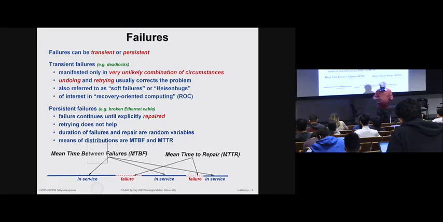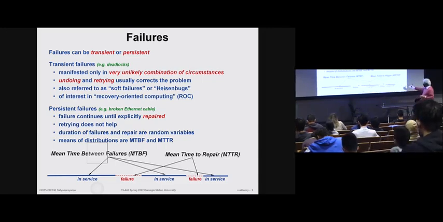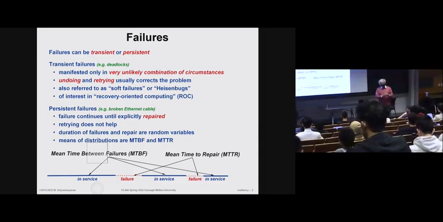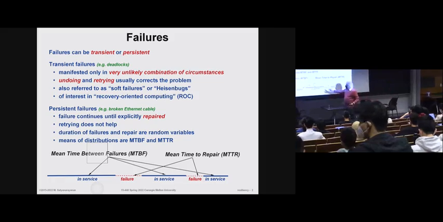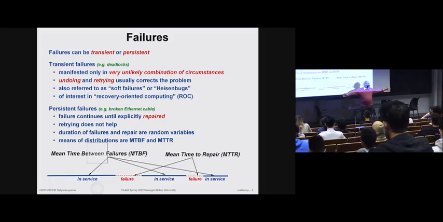And good design, which is the focus of this course, is given individual components that have these patterns, how do I build a distributed system in which the blue part is incredibly long and the red part is incredibly short?